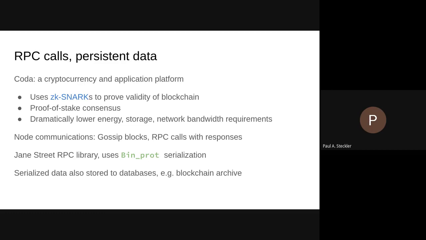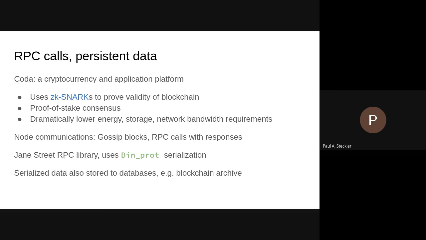To perform these communications, we're relying on one of the libraries from Jane Street. It's called async RPC kernel, which uses yet another library called binprot, which gives a way to serialize and deserialize data.